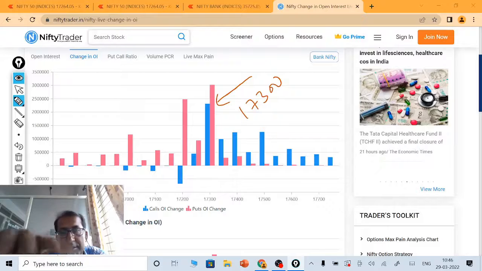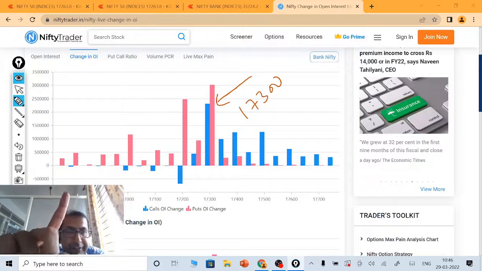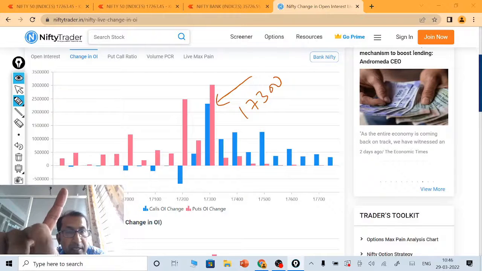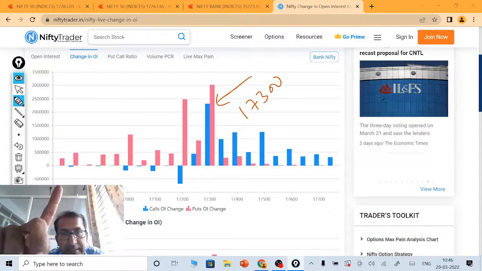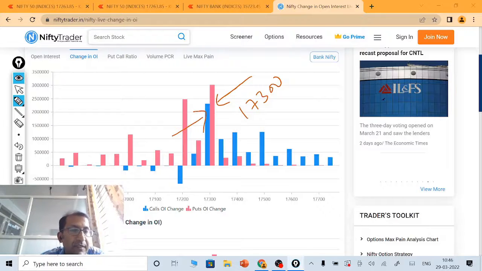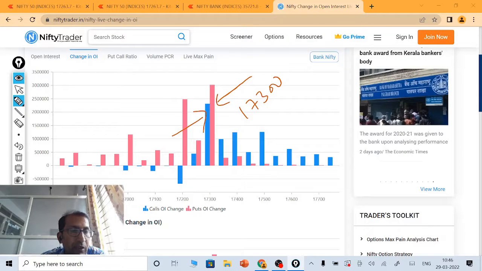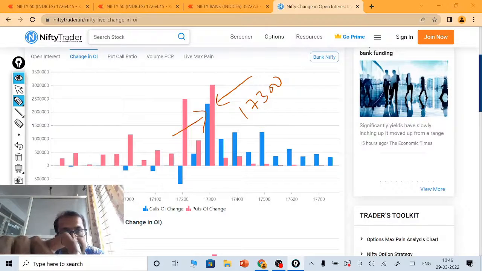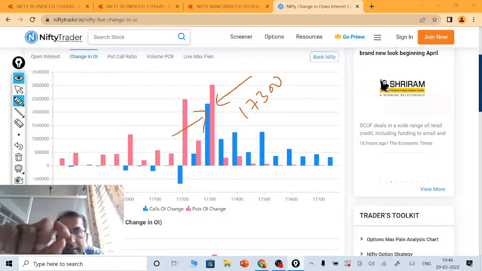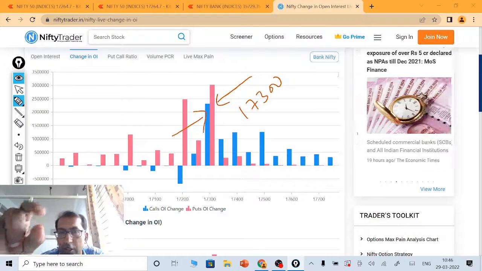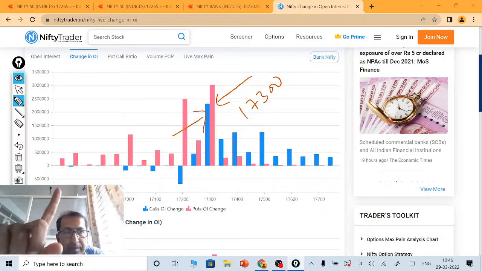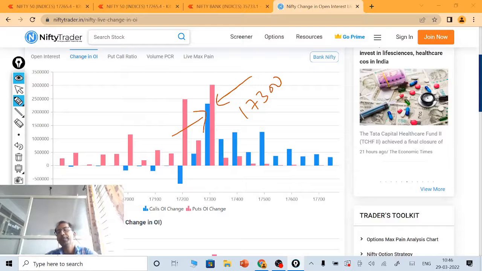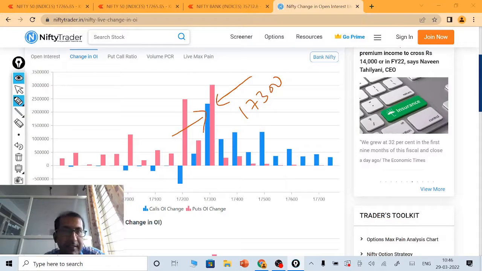Highest addition, which means 17,300 is a stiff support. Then you can see the highest change in open interest on the call side also happened at around 17,300. So maximum pain is at 17,300. 17,300 is a level to watch, either on call or put. So that is the change in open interest tracker from my side.